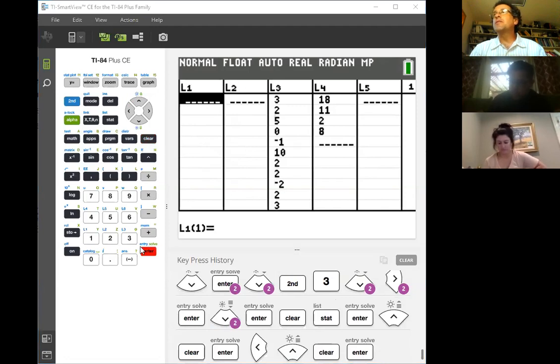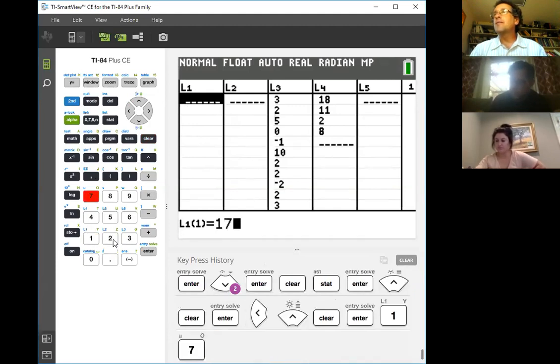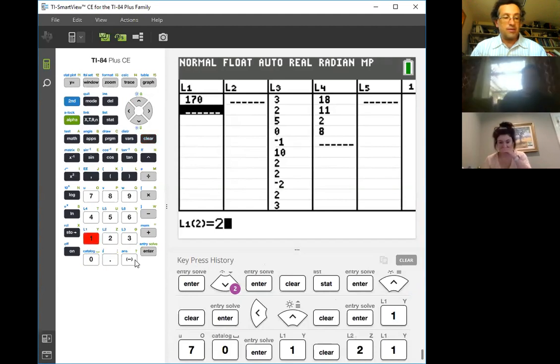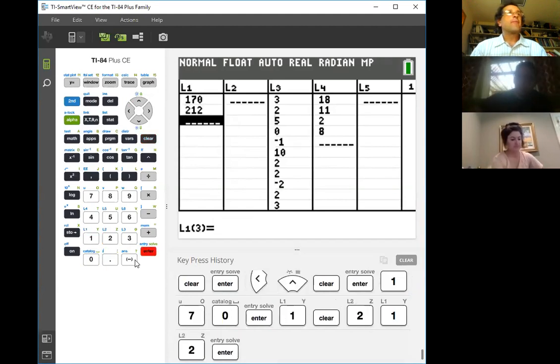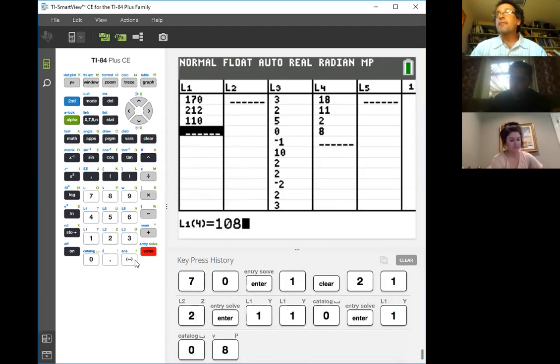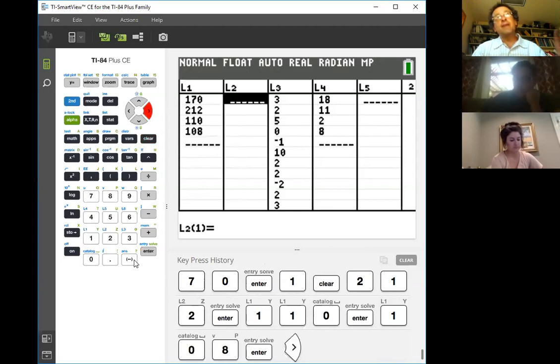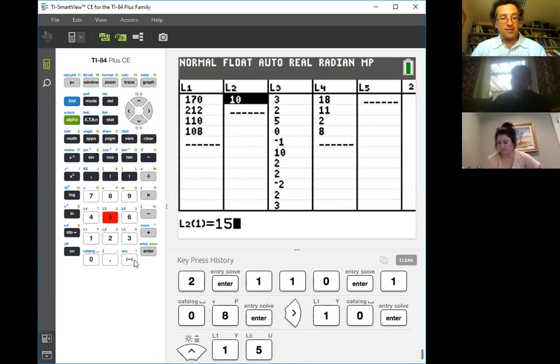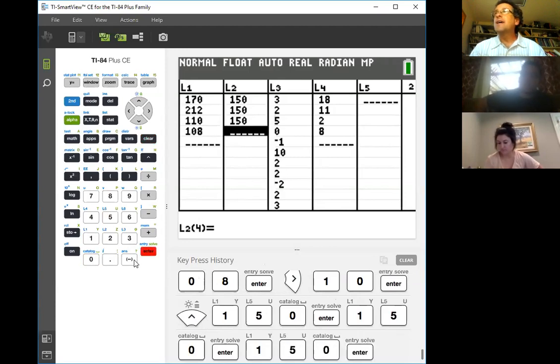So if you remember, my observed was 170, and then 212, and then 110, and then 108. In L2, I put my expected. Do you agree it's pretty straightforward? So I go 150, 150, 150, and 150.